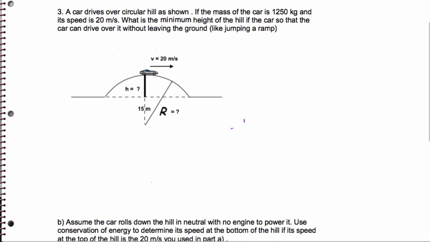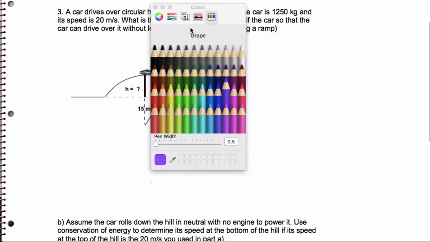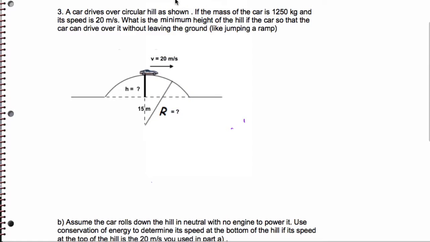This problem looks like something different. Rather than being a roller coaster problem, we're talking about a hill problem, but it turns out there are some rules that I gave you in the study guide that still apply. One thing I want to say is, at the top, down is still positive.